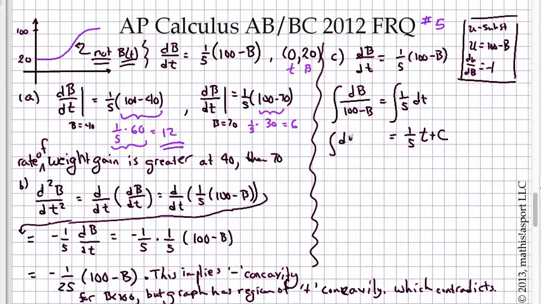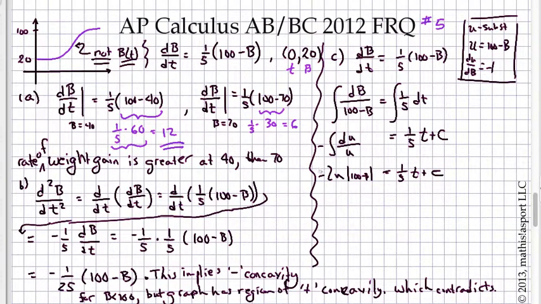We get negative du over u. Okay? We get negative ln of the absolute value. Instead of u, I'm going to rewrite 100 minus B, and that equals 1/5 t plus c, where we've consolidated any unknown c from this side over into this constant.